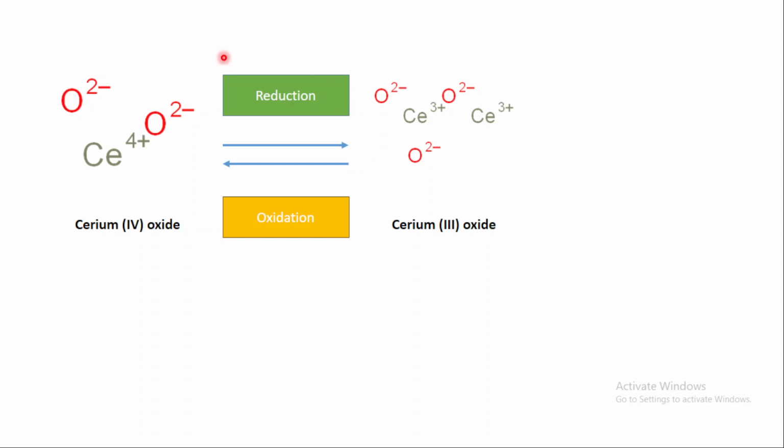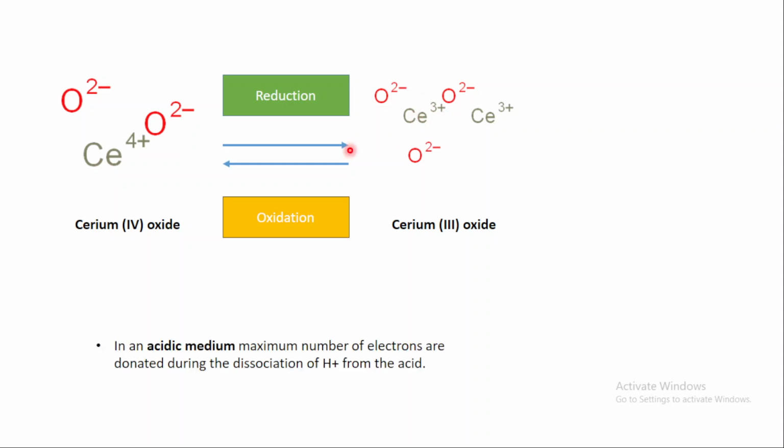So this is what the question was about. In which environment will there be a reduction of Ce4 plus into Ce3 plus? And the answer will be acidic medium, because in an acidic medium, the maximum number of electrons are donated during the dissociation of H plus from the acid. So what happens in an acidic medium? There will be H plus ions because of the acid.